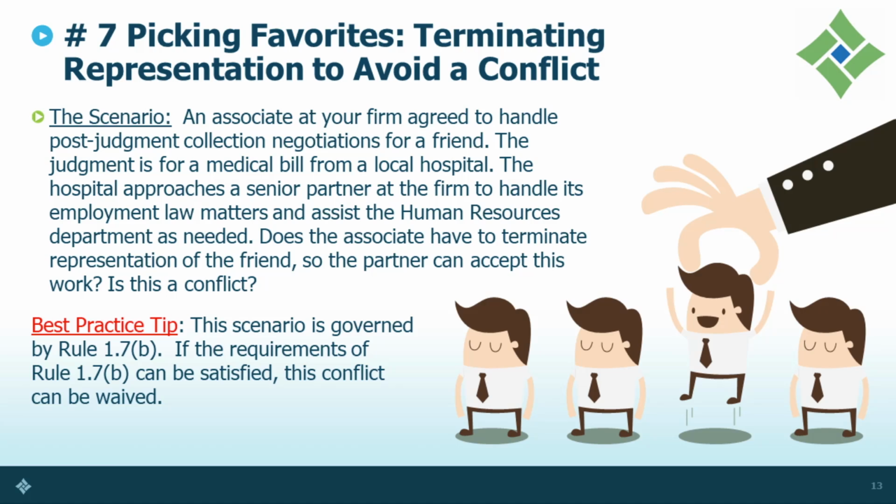You should really look at these subparts very carefully when considering whether a conflict can be waived. But here, I think the two representations are so different, I would submit that this is easily and definitely a waivable conflict.